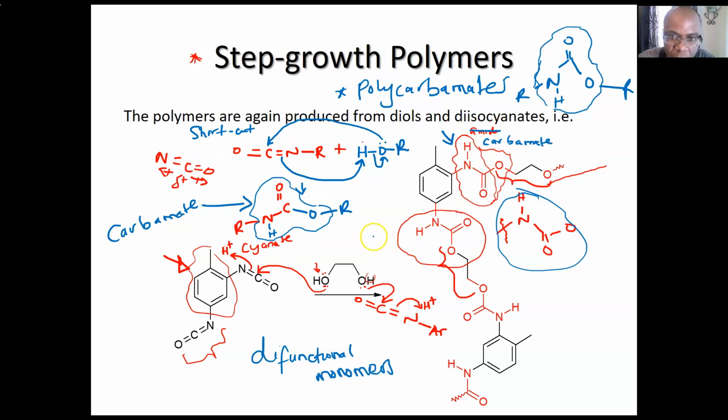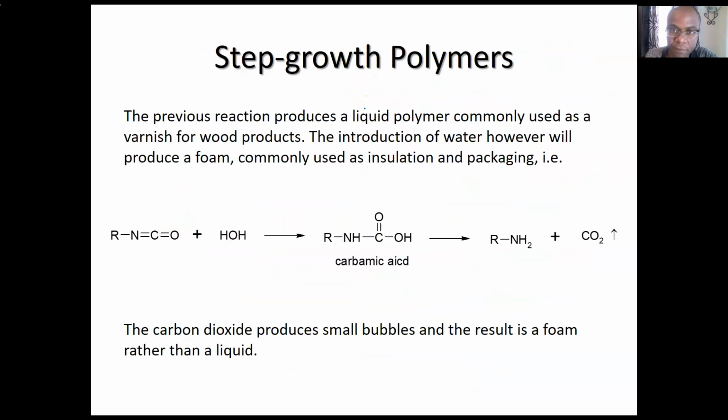Or you can have a carbamate down here, and then because the alcohol is a diol, the other OH can create another carbamate to another monomer of the dicyanate, and so on and so on. Carbamates are used to make adhesives.